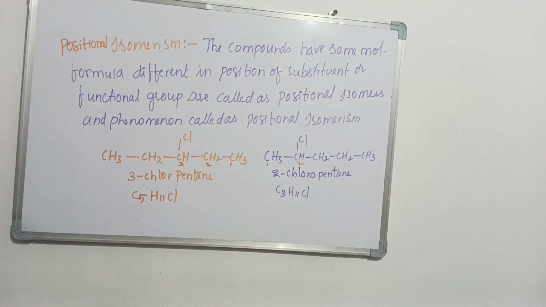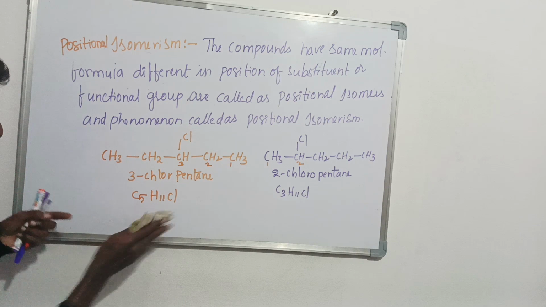The position of the substituent is changed. This type of isomers are called positional isomers, and the phenomenon is called positional isomerism. We'll see one more example.